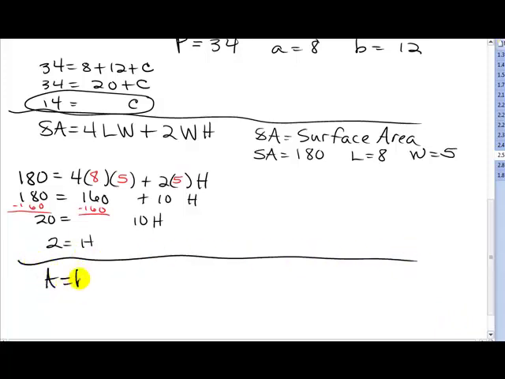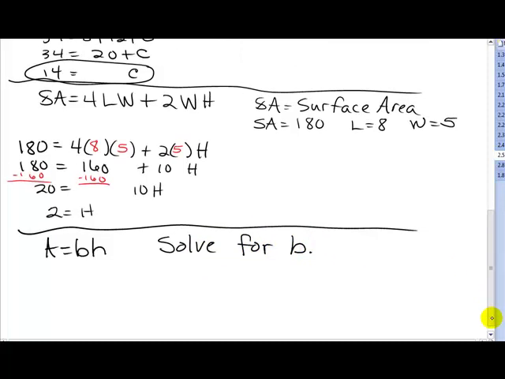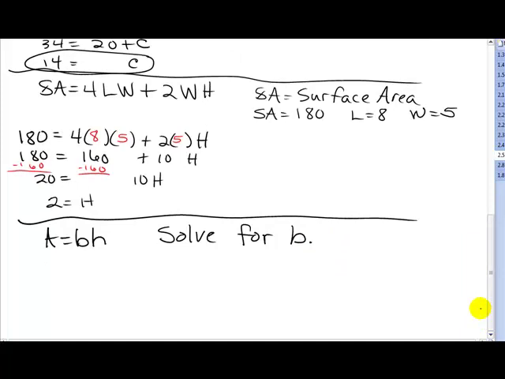Let's look at this area again. I'll switch gears here a little bit. Now we're going to have all letters, no numbers. It's a little confusing, I know. But if you will focus on the same steps that you used a while ago, we want to solve for B. This is what we want to get alone.